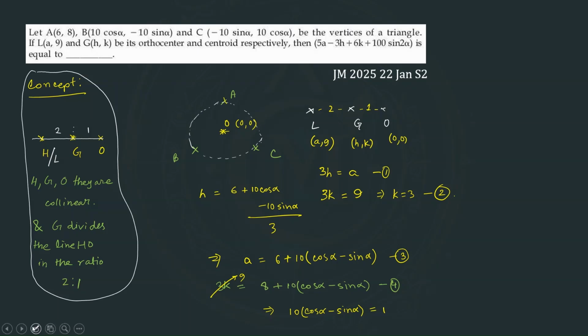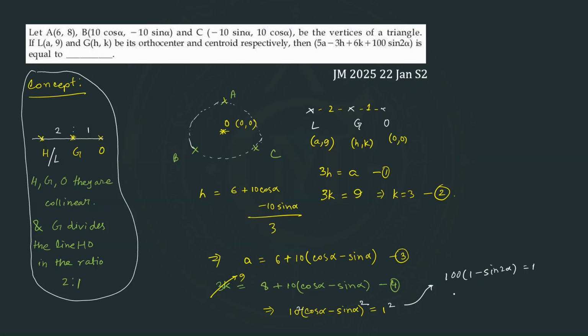Now if we square both sides, we will get a term containing sin 2 alpha, because we know (cos alpha minus sin alpha) whole squared will give us 1 minus sin 2 alpha. This is a standard trigonometric manipulation you should remember. So from here we get 100 times (1 minus sin 2 alpha) is equal to 1.